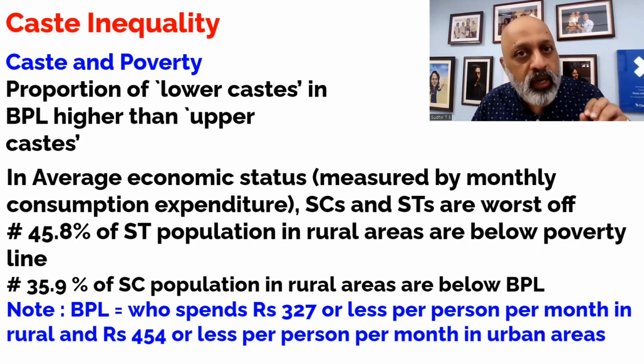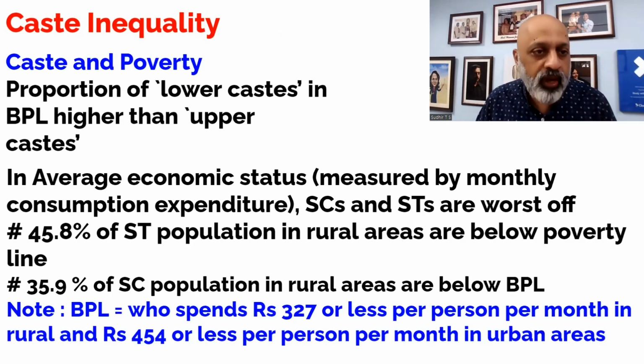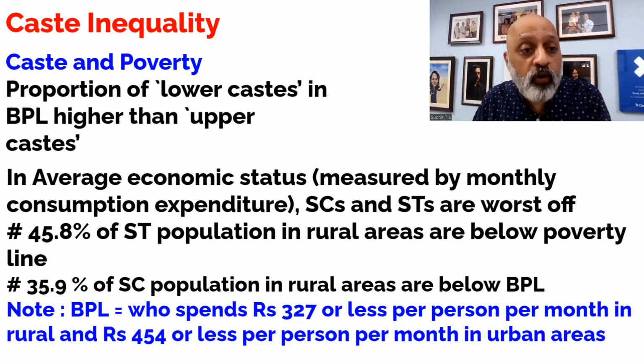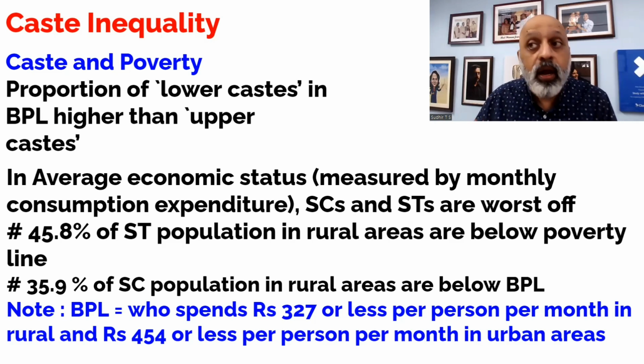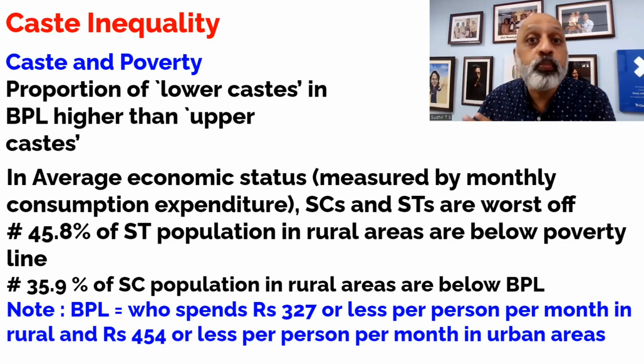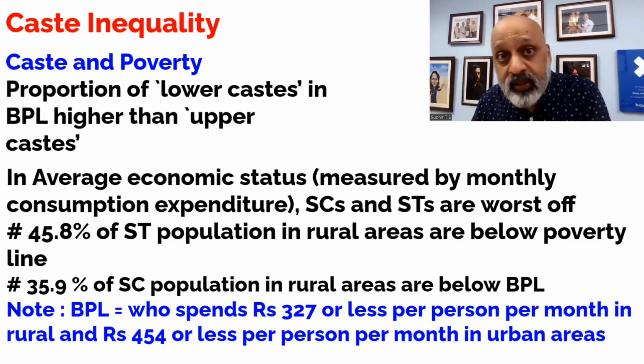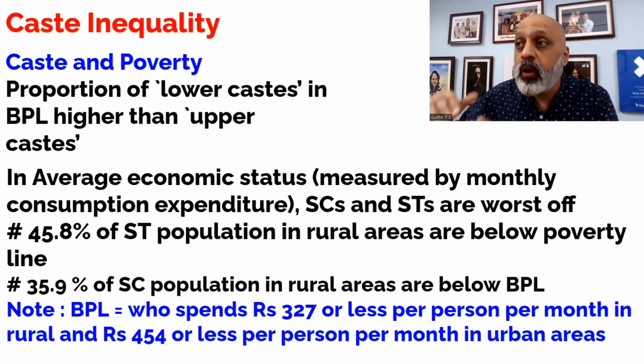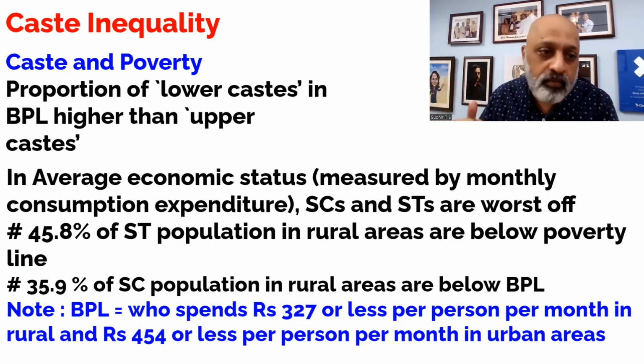Now, caste inequality. The proportion of lower caste below the poverty line, BPL meaning below the poverty line, is higher than the upper caste. There are more poor so-called lower caste as compared to poor upper caste. Poor upper caste bhi rehte hain. There are poor Brahmins also, but the numbers are much less.